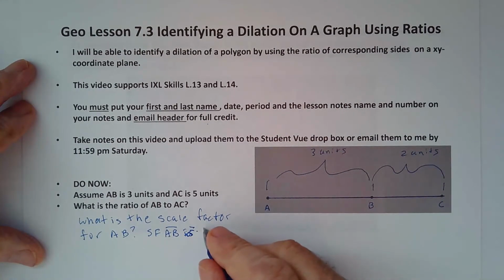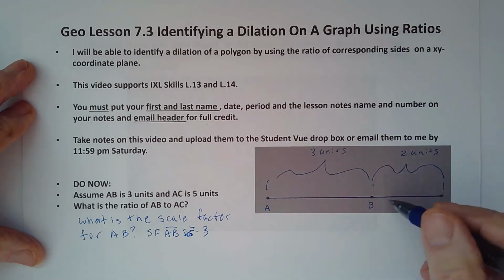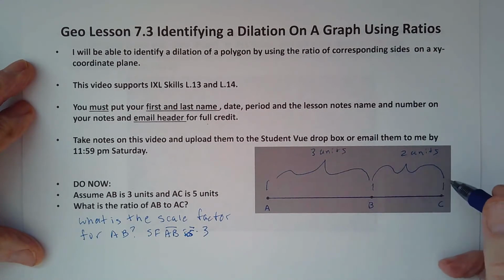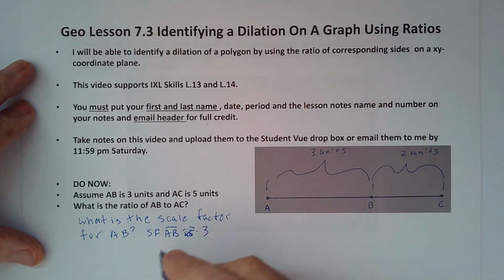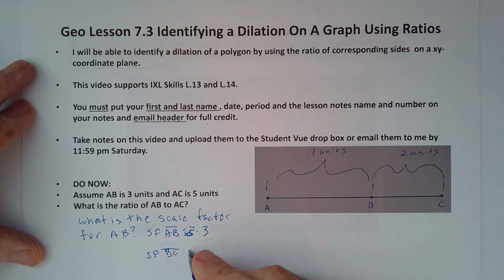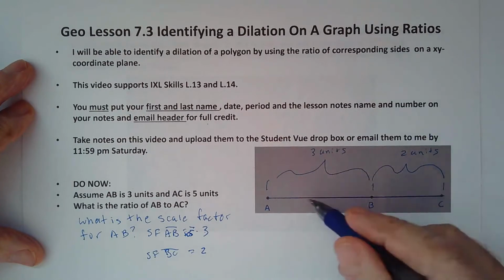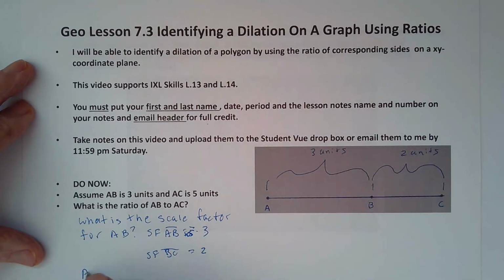And then AC, you've got to remember what BC is. Scale factor of BC is 2 units. Right? But AB plus BC equals AC.